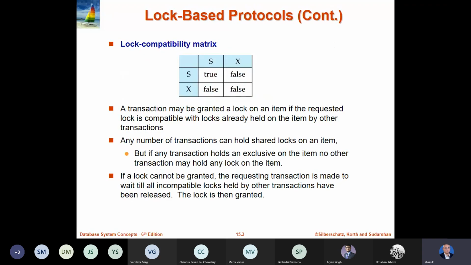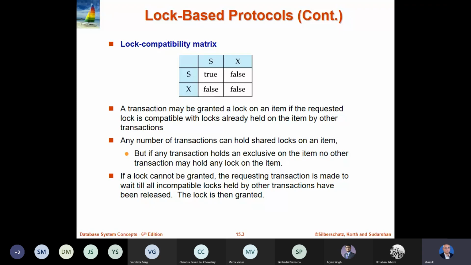And lock compatibility is very easy to understand. If two transactions are both only reading the same data item Q, and these are all with respect to a particular data item, so if a transaction T1 wants to read the data item, and similarly T2 is also only reading Q, it can write to other data items, but for Q it only has a read operation, then T2 also can take a shared lock on Q. Now these two shared locks are compatible, so that's why it is written as true.